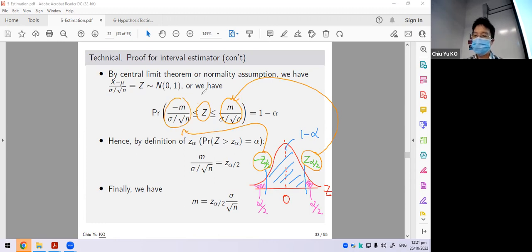That's why we have this formula, because they should be the same, because this should be the number. And what we learned in primary school, you just multiply the denominator to the other side, and we're done. So that's the proof.